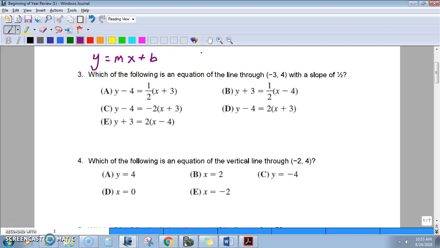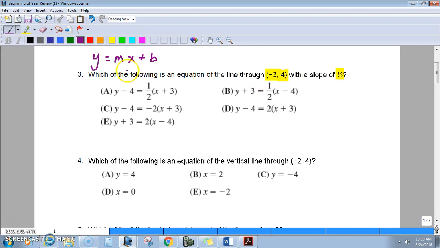But there is another form that you could use, and it's called point slope form, which is what we want to use with this one because, you guys, we have a point and we have a slope. So we have point slope form.